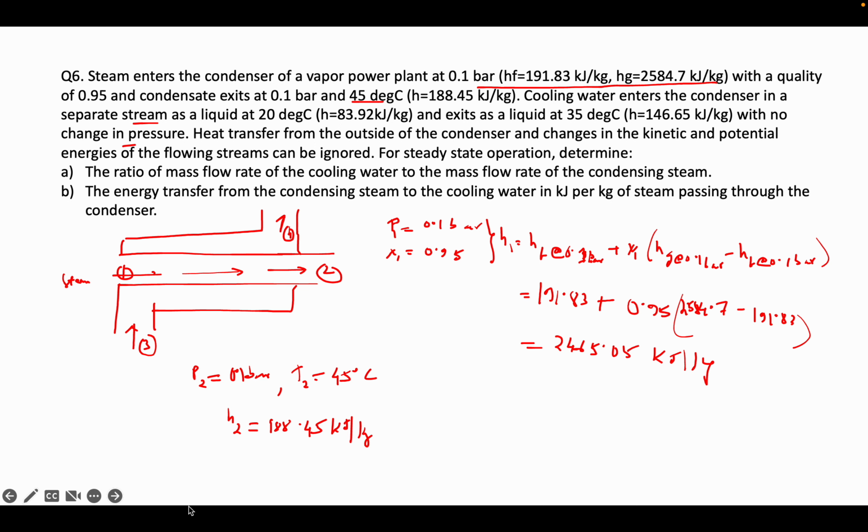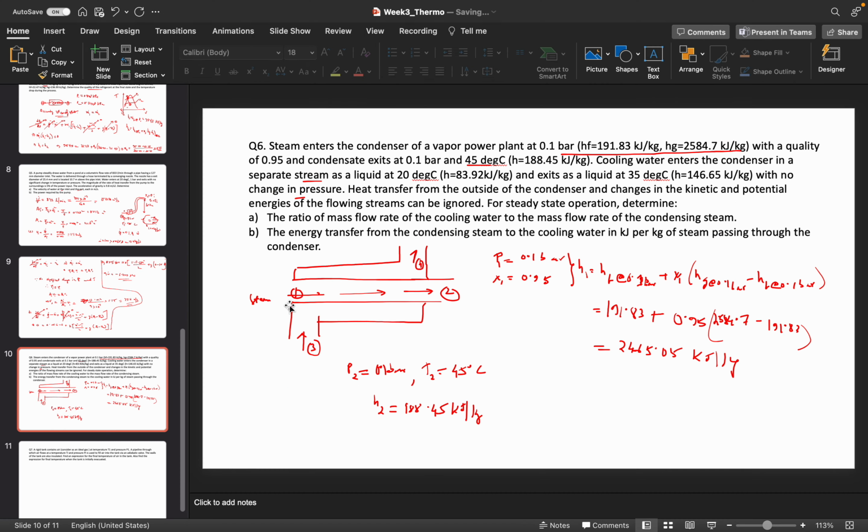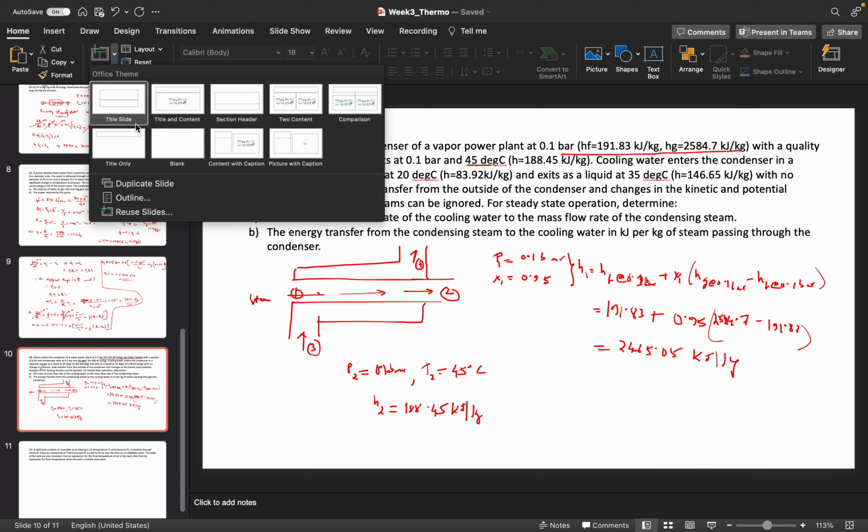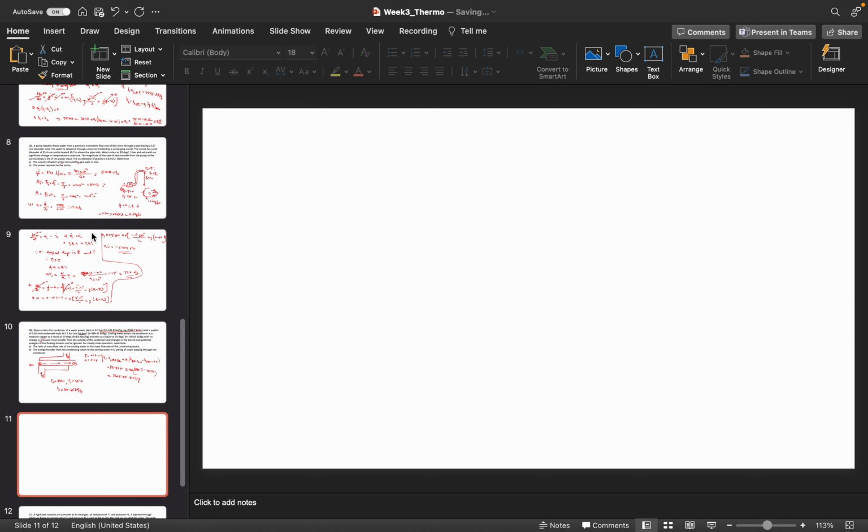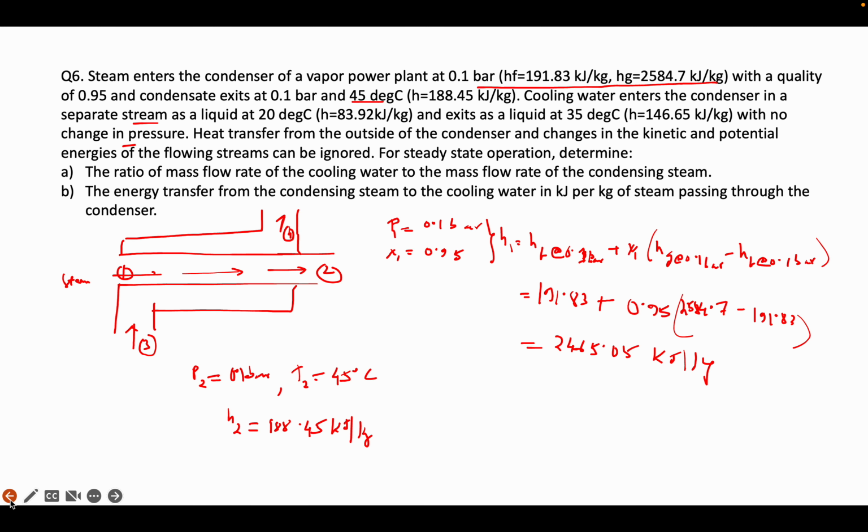Okay, I'll add one more slide. So what it is telling is that cooling water enters the condenser in a separate stream at P3 equal to 0.1 bar, and T3 is equal to 20 degrees Celsius.